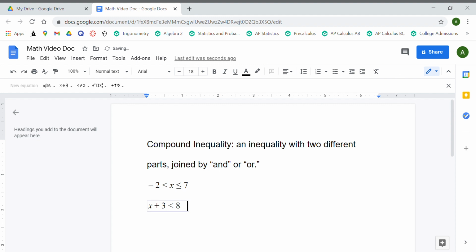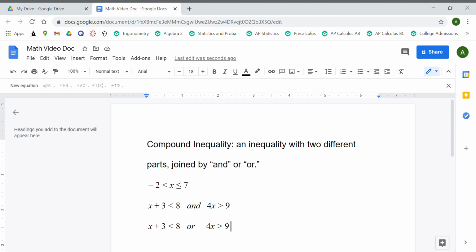We won't use this very much, but it is possible that you could end up with inequalities like these to solve. So those are and inequalities. And then or inequalities are always written as this.